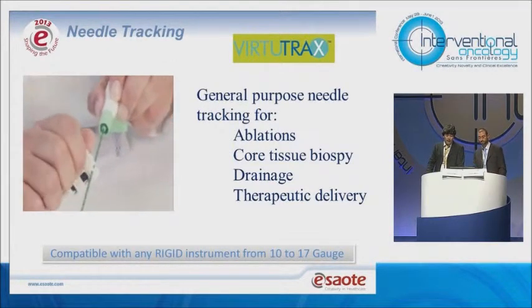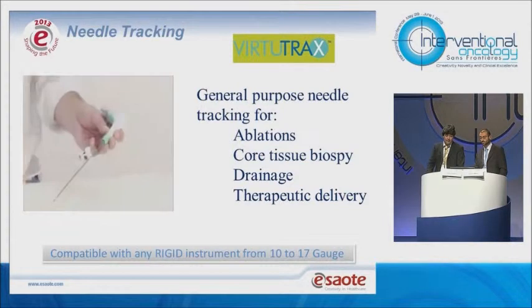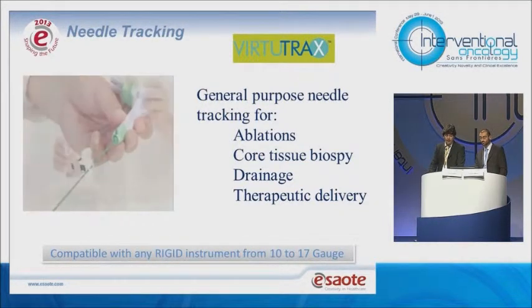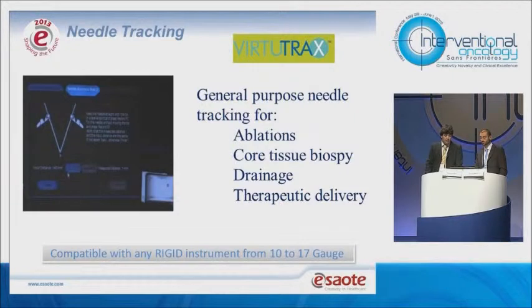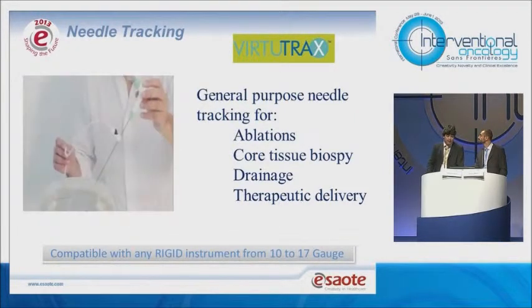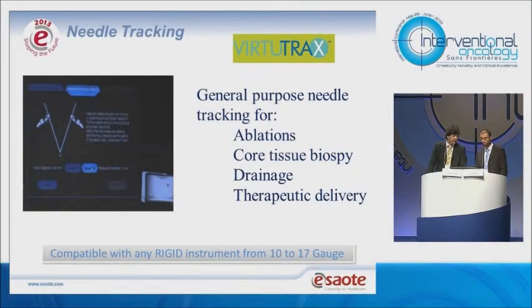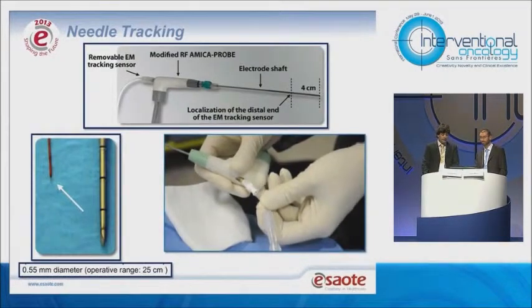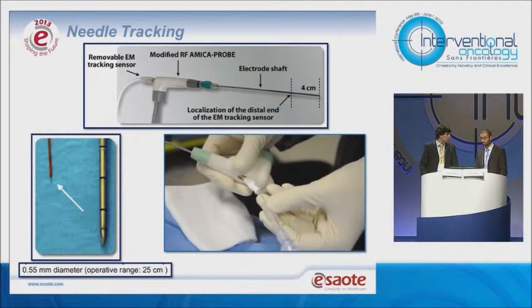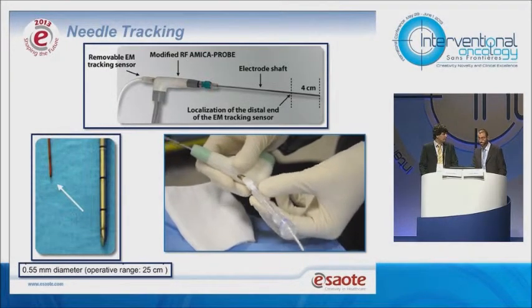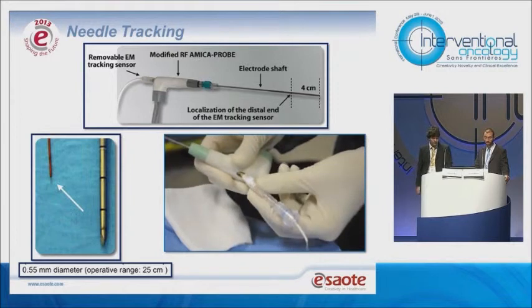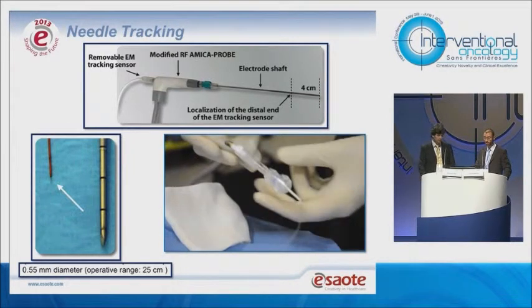This tool can be used to perform ablation, in this case, drainage, and therapeutic delivery, but the most important thing is that this device has to be as rigid as possible, because in this case we are not able to compensate for a possible deviation of the tip of the needle, since we don't see exactly where the tip is. And so you may trust a virtual needle without being sure of the exact position of the needle.